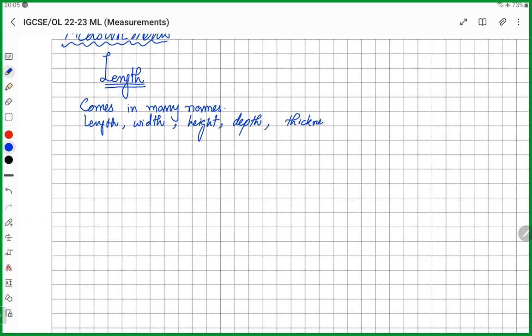Thickness is a length. Distance is a length. Displacement is a length.